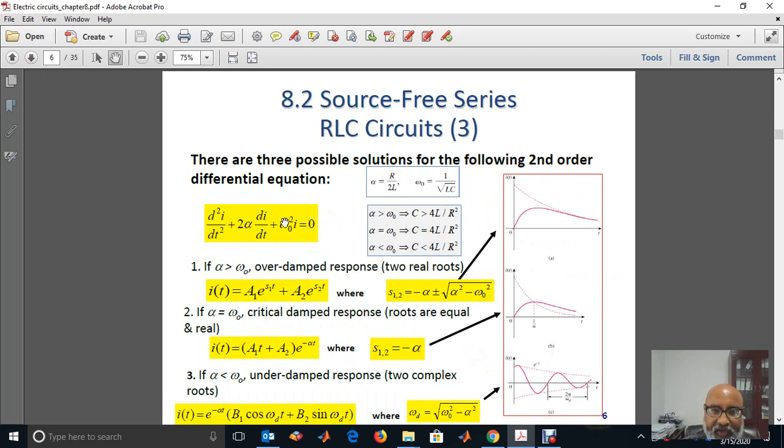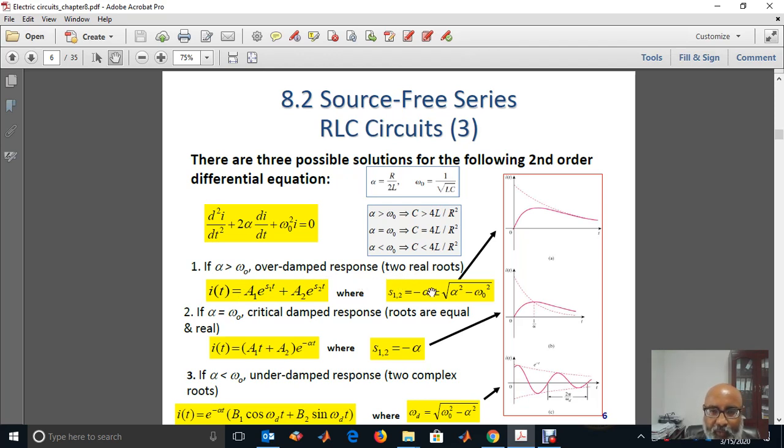Now, we have three possible solutions for the second order differential equation. These are based on the relationship between alpha and omega naught. One, if alpha is greater than omega naught, we call it overdamped response.